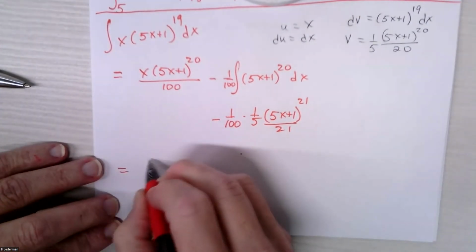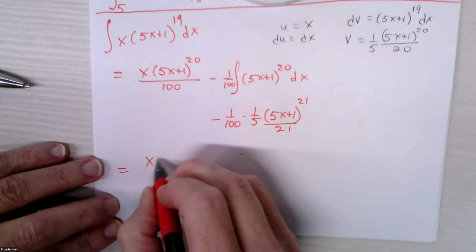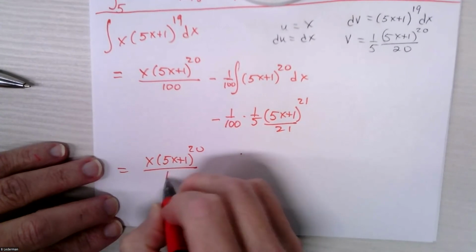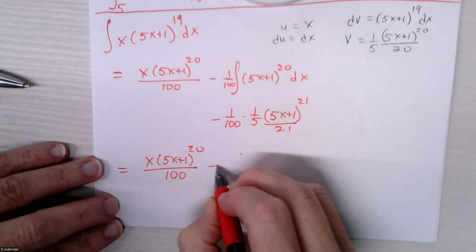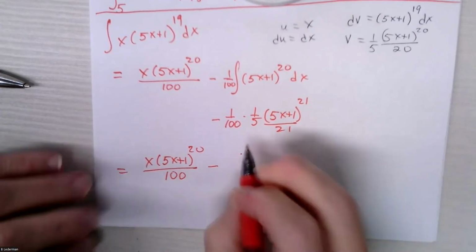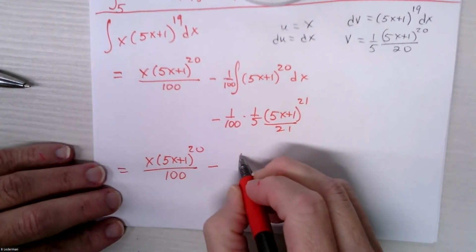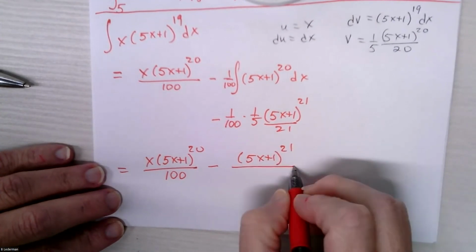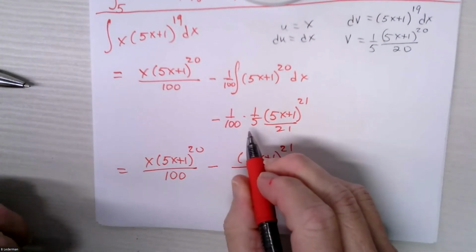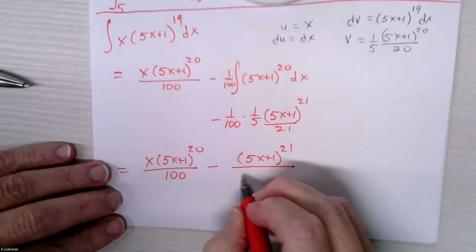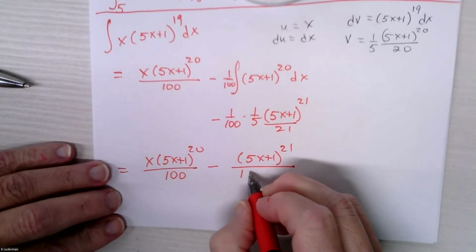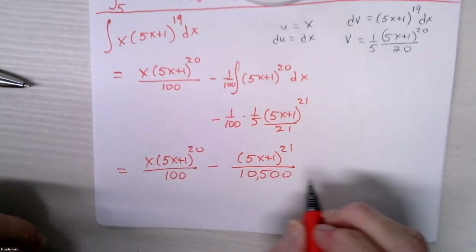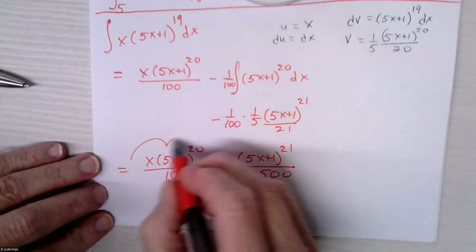This becomes x times 5x plus 1 to the 20th power over 100 minus 5x plus 1 to the 21st power over 10,500, since 100 times 5 is 500, times 21 is 10,500. And that's my final answer.